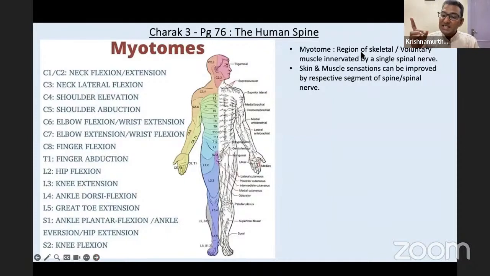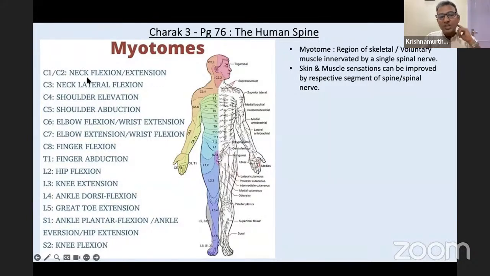Region of skeleton and voluntary muscles innervated by the spinal nerve. So we talked about the skin, but now if you go one layer down, the muscle and the bones, they are also innervated by the spine, but the areas are slightly different.